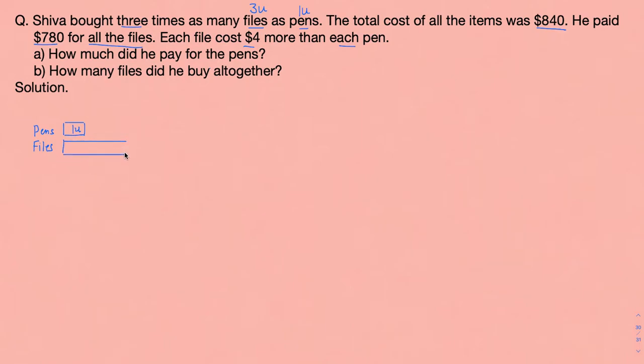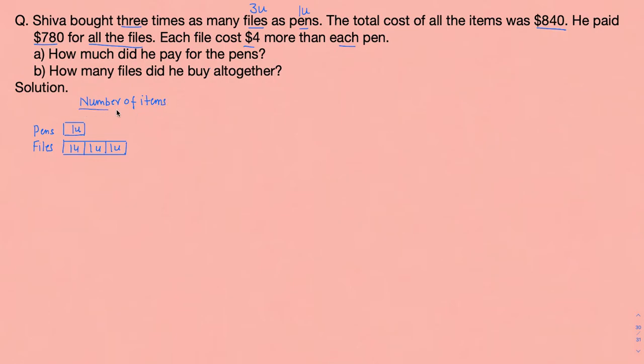So 1, 2 and 3. Right here we are talking about the number of items, not the cost of the items, so let's write it here: number of items.